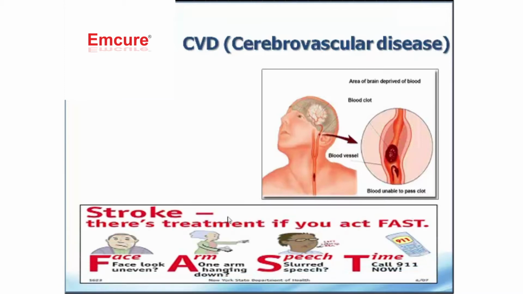Stroke again is a very serious condition. Here the patient can have severe disability or even death. However, though it is a serious condition, there is treatment available if we move fast. That is, face, arm, speech and time are the symptoms, and time stands for the fact that we have to act fast when a patient experiences a stroke.